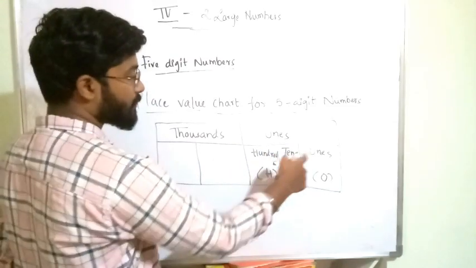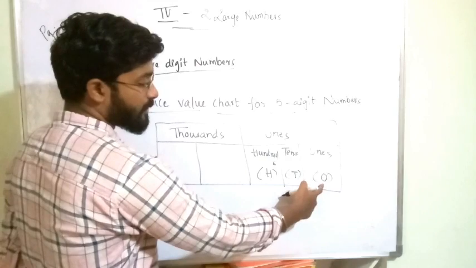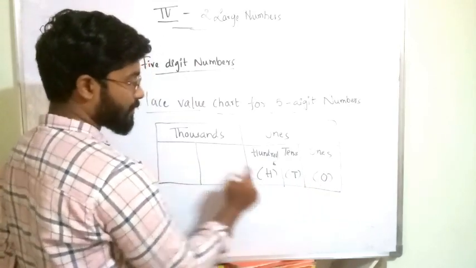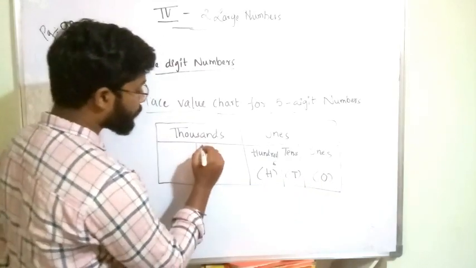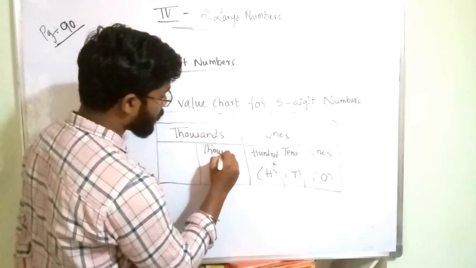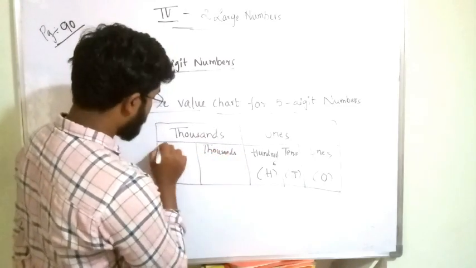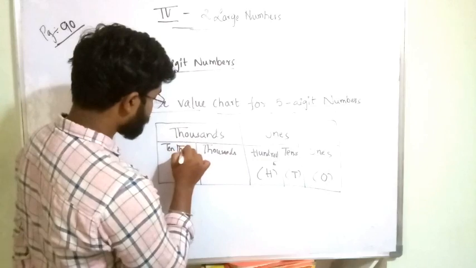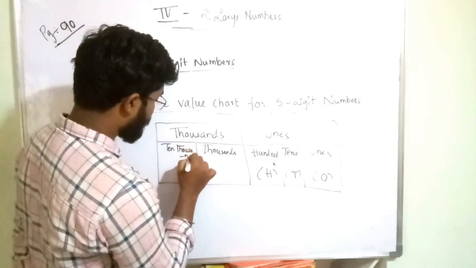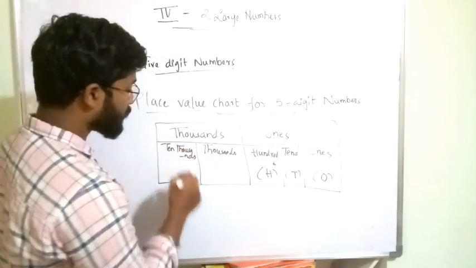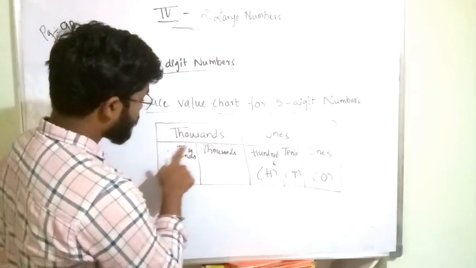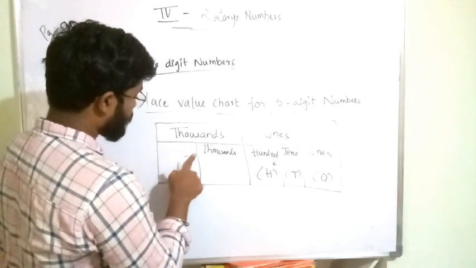What is that? Ones, tens, hundreds. You will represent it with O, T, H. In thousands what will you have? You will have the thousands place and the 10,000s place. Okay. This is thousands, 10,000s.